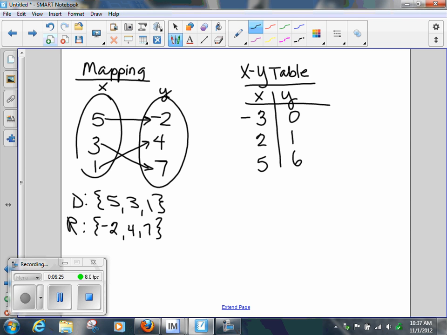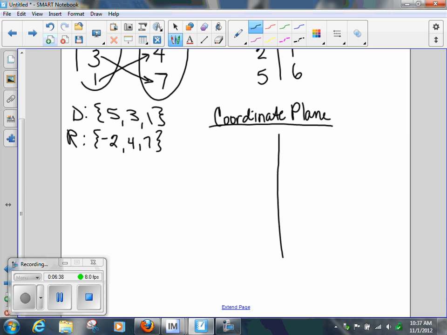How about this? How about if you had a coordinate plane?